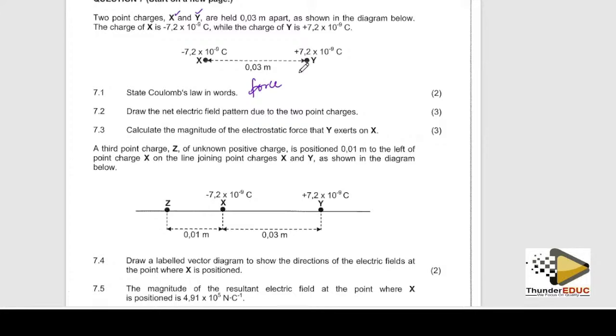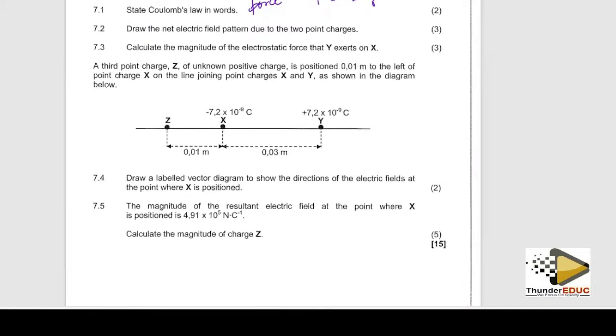That is Coulomb's law. They will say the product of the charges Q1, Q2 over the square of the distance of separation. When the proportionality is removed, you have F = kQ1Q2 divided by r squared, where k is a constant. Remember, it's 9 times 10 to the positive 9.